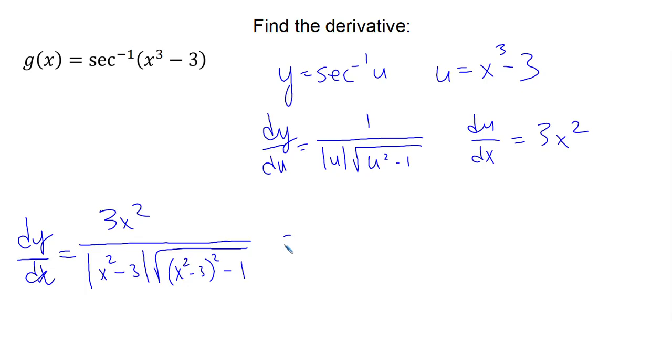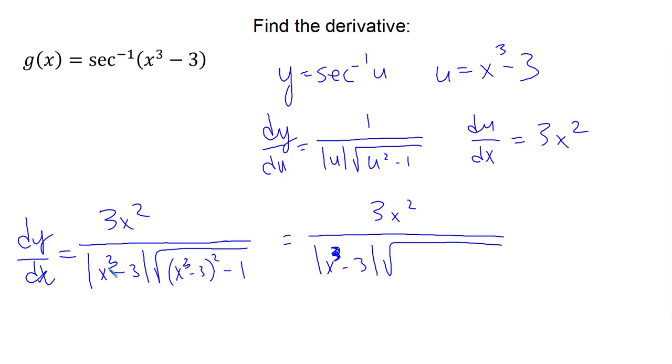And so we can rewrite this as 3x squared over the absolute value of x cubed minus 3 times the square root of, and we'll distribute that out. Oh, sorry, those are x cubeds, not x squareds. Not sure why I started writing x squareds there.